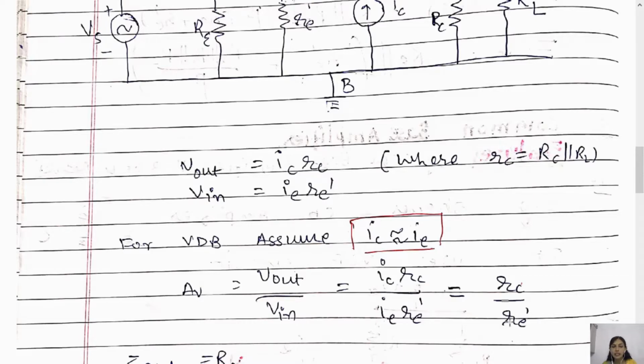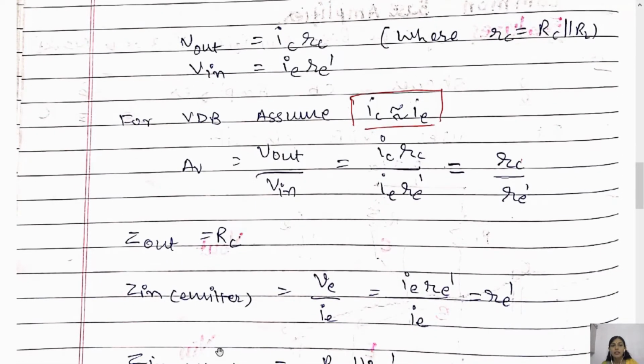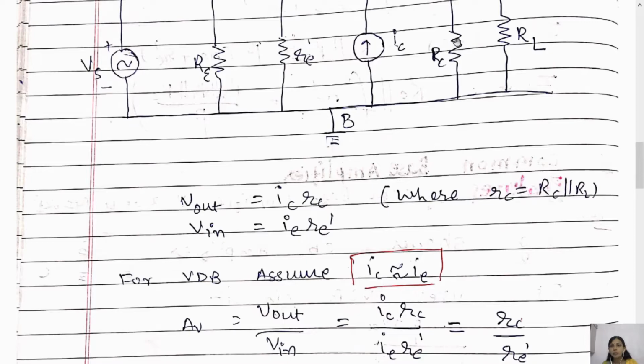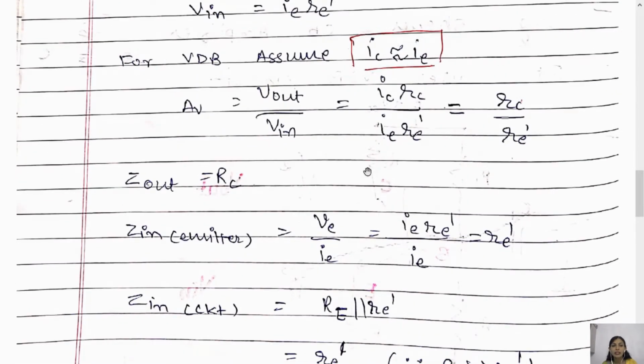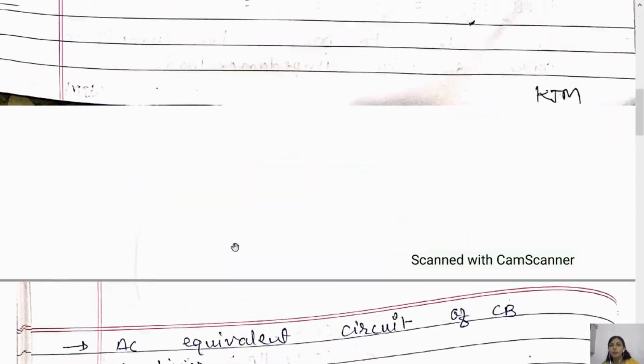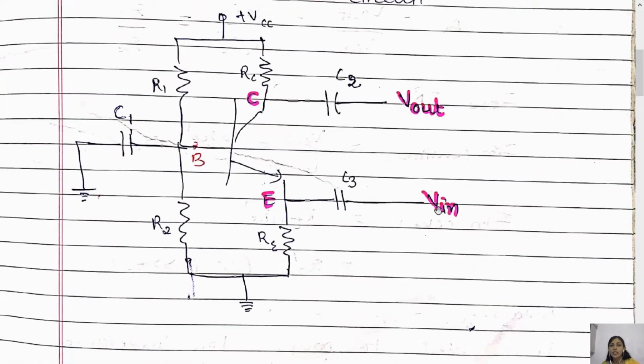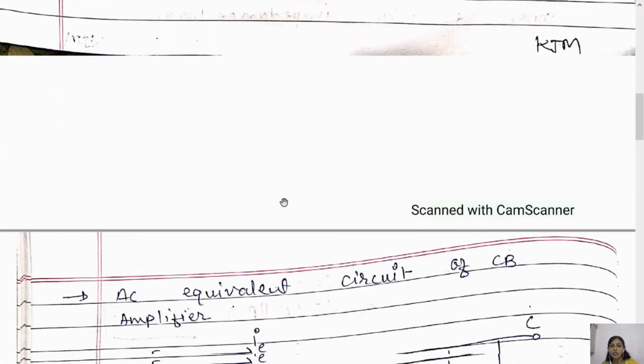So we can define that voltage gain is the ratio of AC collector resistance to AC emitter resistance. Z out, the output impedance, is rc. Okay. Z in, what is the input impedance? That is related to the emitter terminal, because for common base the input is applied to the emitter.